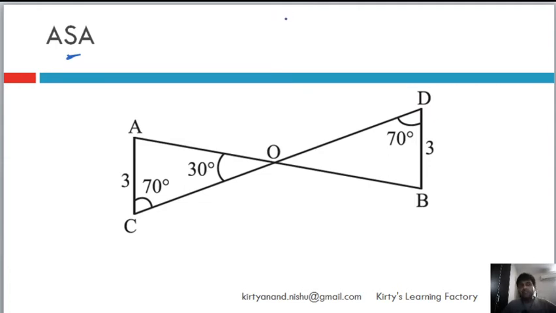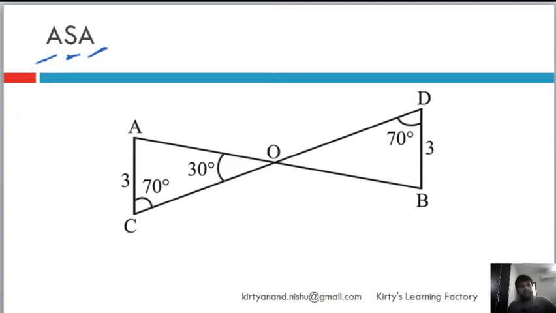Now let's break it down a bit. When across two triangles two angles are equal, let's just forget the side for a moment. When two angles are equal, isn't the third angle also equal, right? Because the sum total of the three angles is 180.